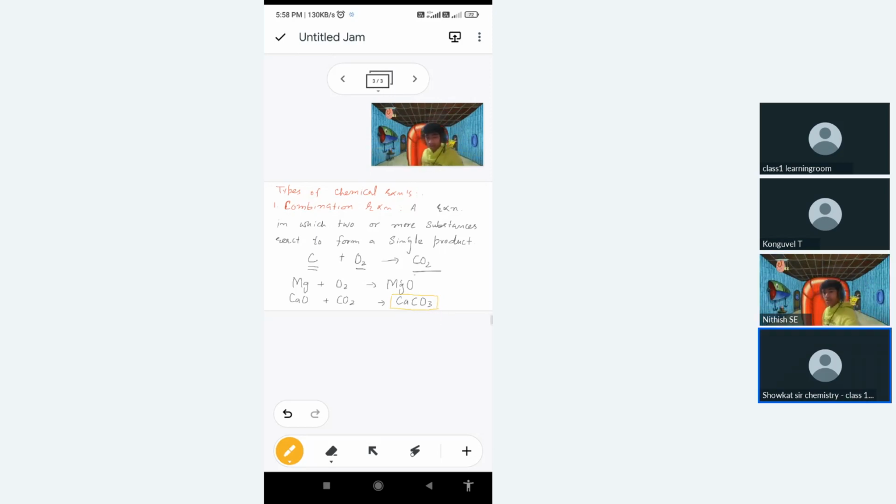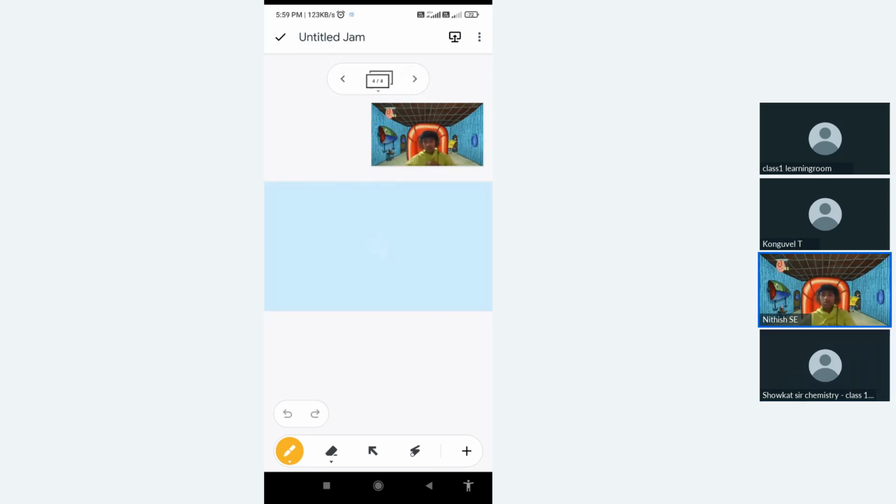Yes, sir. When there is only one single product, then you have to understand that it is a combination reaction, correct? Yes, sir. Exactly. So this is the very important criterion with the help of which you can tell whether it is a combination reaction or not. Simply note down that if there is only a single product, one product, that's your combination reaction, correct? Yes, sir.